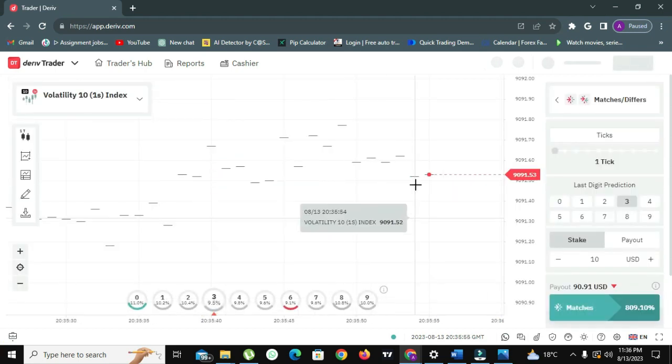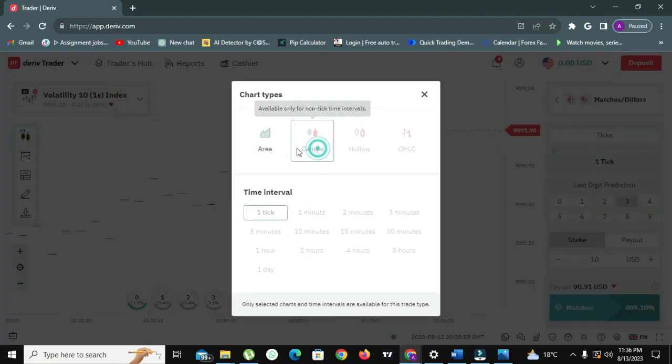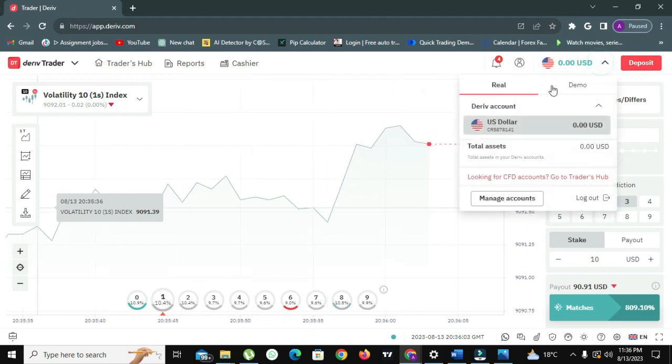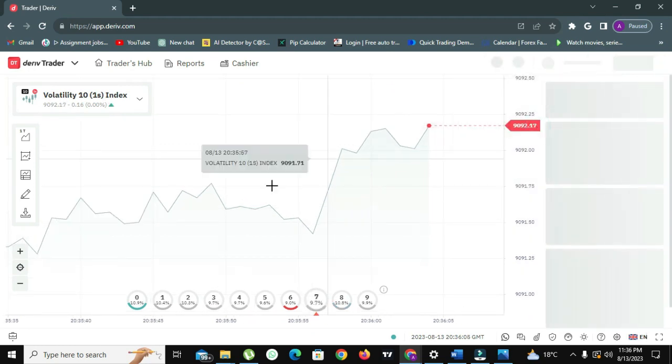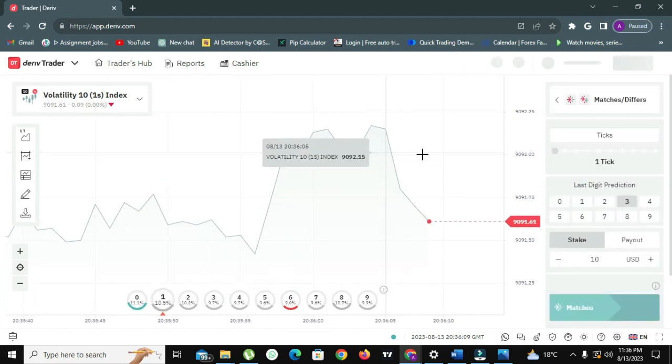If it doesn't show this time around, there's probably a problem with the site for now, but I've never experienced this. Let's try on demo. Yeah, there you go. The charts are now showing.